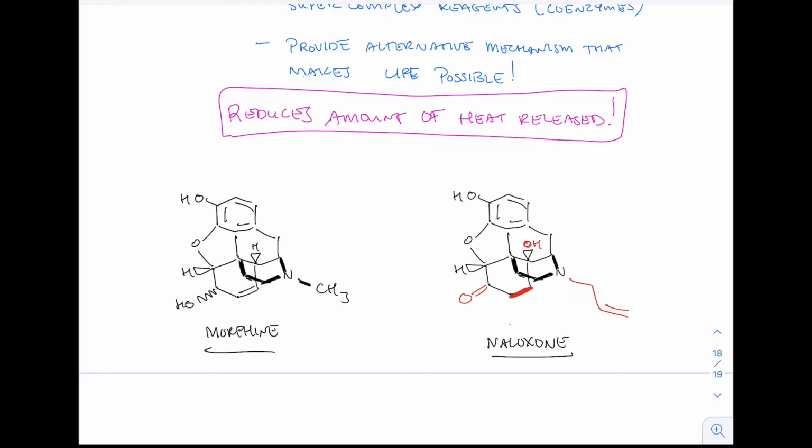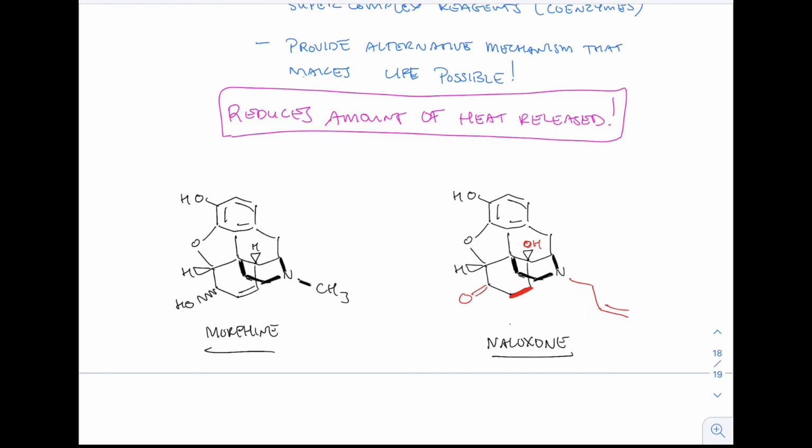So once it binds, it's not allowing the actual opiate drug to bind, like morphine or, again, heroin or Oxycontin, etc. And so if naloxone is binding it and the opiates can't bind it, then you're kind of allowing your body to process that drug and get it out of your system so that way you don't have those overdosing effects or things like that.